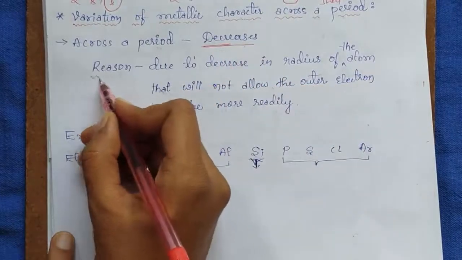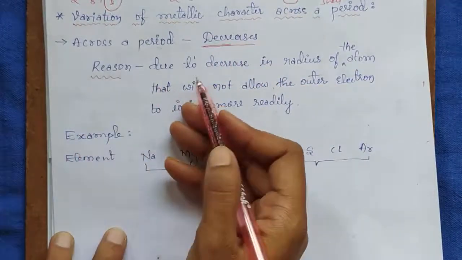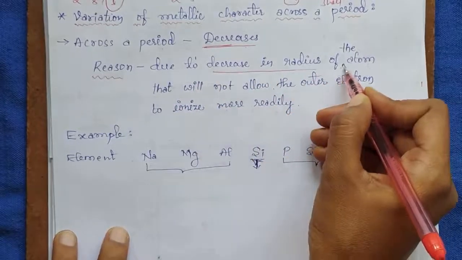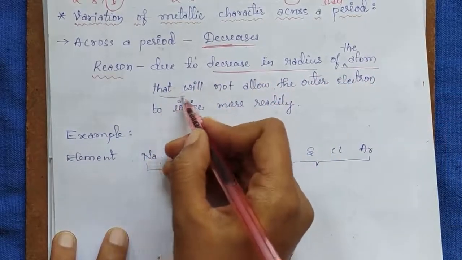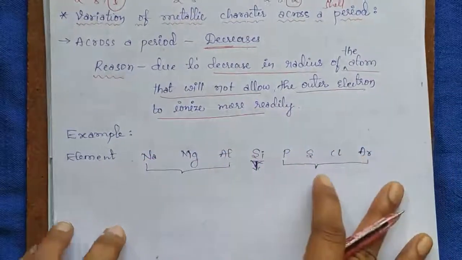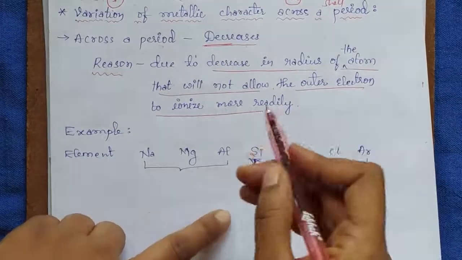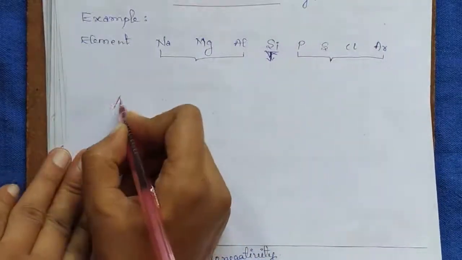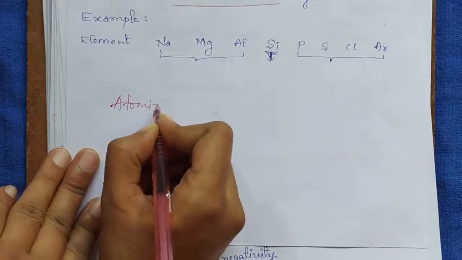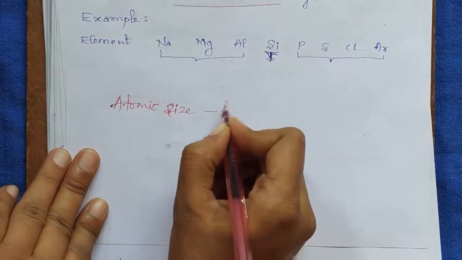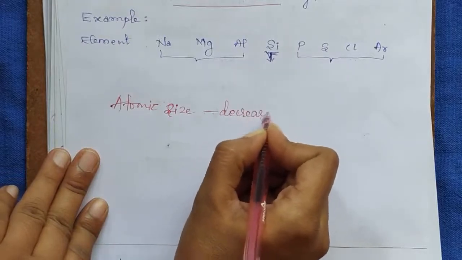The reason for the decrease in metallic character across the period is the decrease in the radius of the atom, which will not allow the outermost electron to ionize easily. As we move from left to right, what happens? Atomic size decreases.